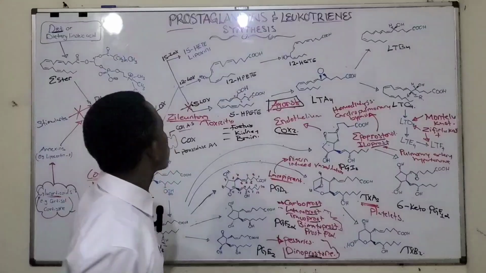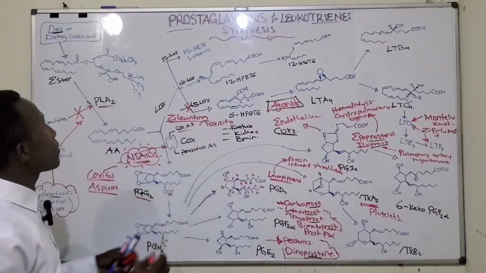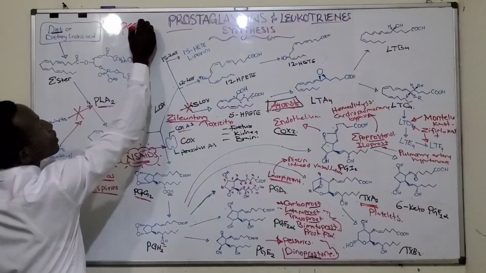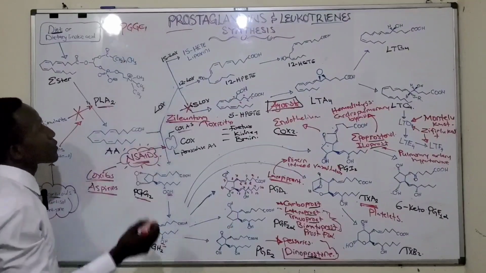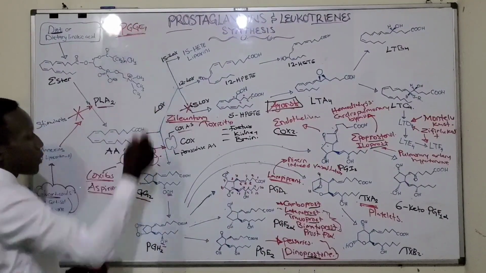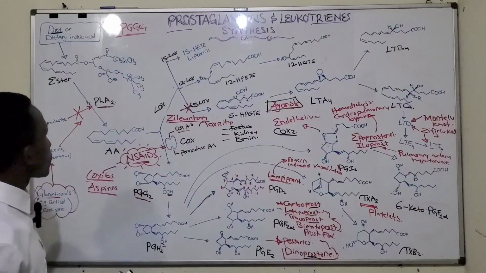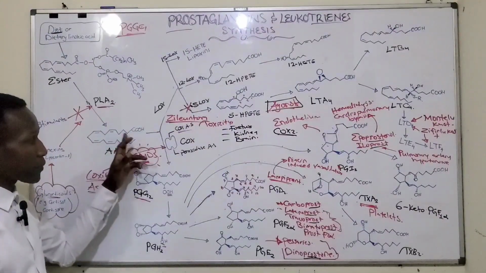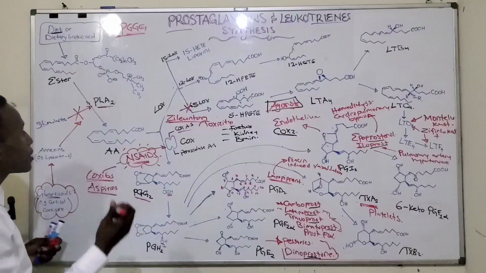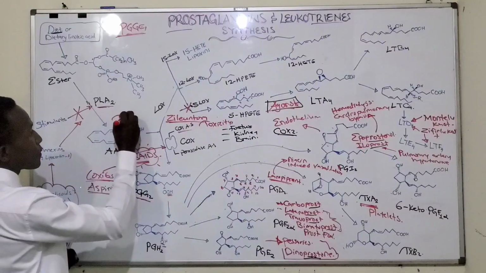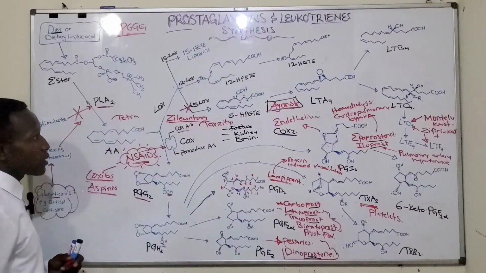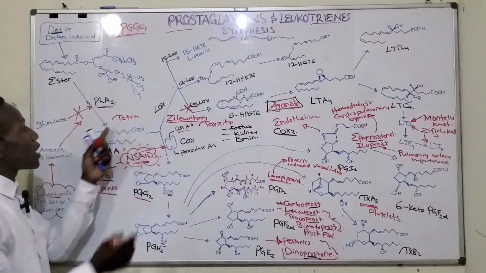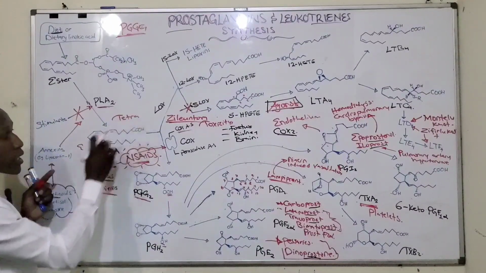We have drugs, though not here, prostaglandin E1. We say that the main precursor of the prostaglandins is arachidonic acid. And this arachidonic acid is a tetra fatty acid. It's eicosatetraenoic acid.